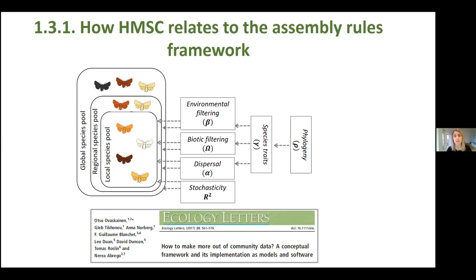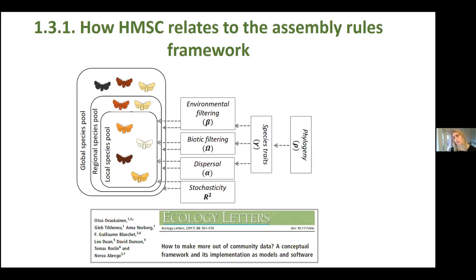Biotic filtering, we can assess through the so-called omega matrices that measure at which level and how the species are associated among themselves in our species community data.